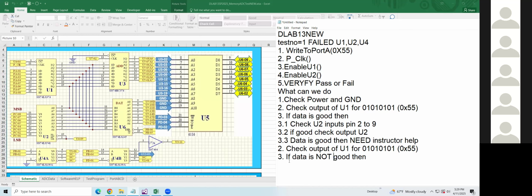So now if it's not, that means output 5.5, they're not good. That means they read it wrong. Okay. Now what can you do? Okay. So I can put in here a 4.1. Okay. Now it's not good. Then what do you have to do?